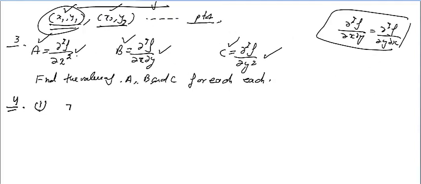Let us suppose you are checking for point x1 and y1, meaning you are getting the values of A, B, C for point x1 and y1.